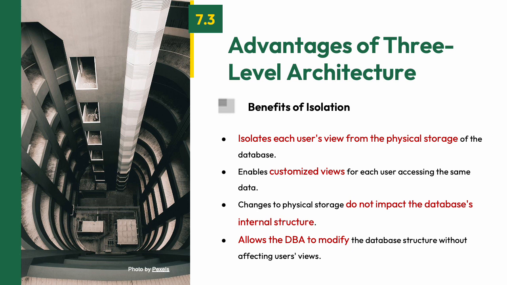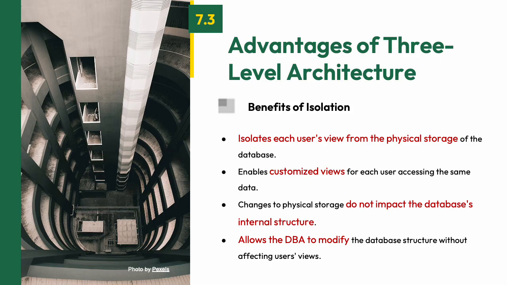If the physical storage of the database changes, like moving data to a new server, it doesn't affect the internal structure of the database. And the way the data is organized and accessed stays the same, which simplifies the maintenance. It also has what is called DBA flexibility. So the database administrators or DBA can change the database structures, like adding new tables or changing data format, without affecting the users' views.